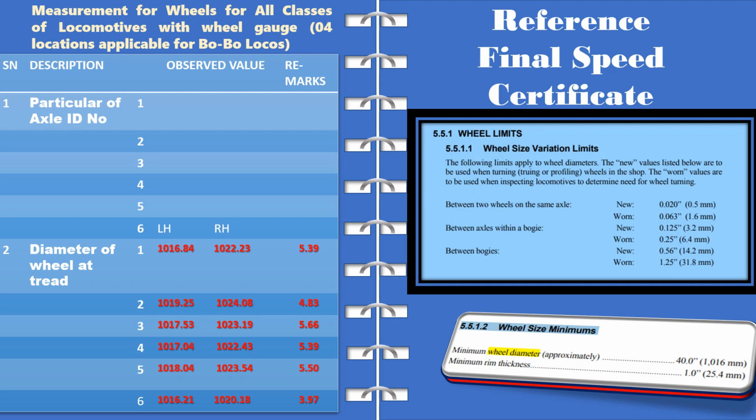So I repeat, on the same axle it's 1.6, on the same bogie it's 6.4, and on the loco it's 31.8, which is the maximum permissible limit, and the minimum wheel diameter shouldn't be less than 1016 millimeter, as the minimum wheel diameter approximately prescribed is 1016 millimeter.